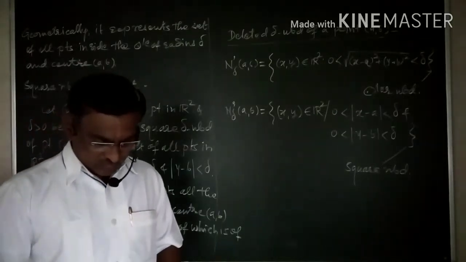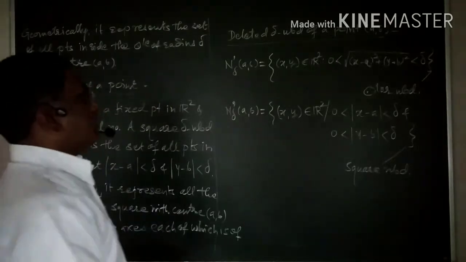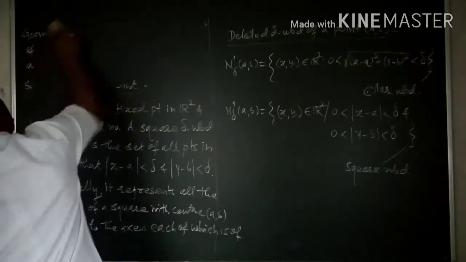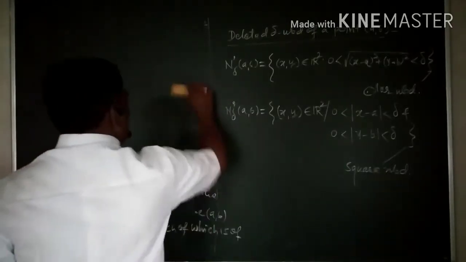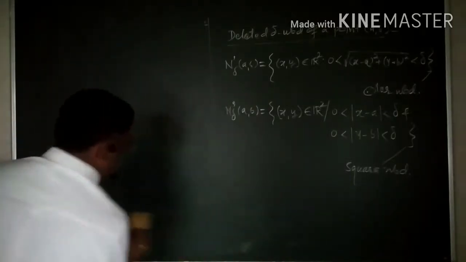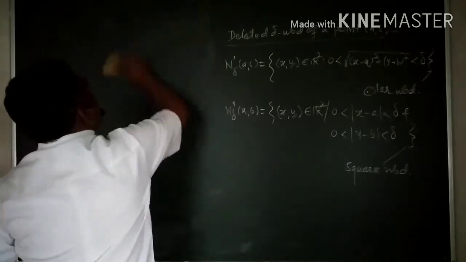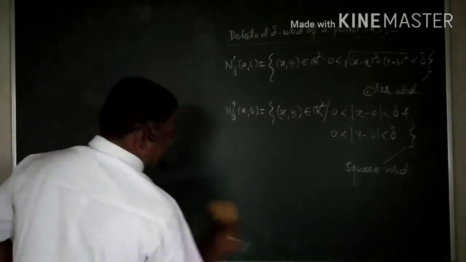Now we are in a position to define the limit of a function of two variables. Let us look at the definition of limit which we have learned in first year BSc, the epsilon delta definition of limit.